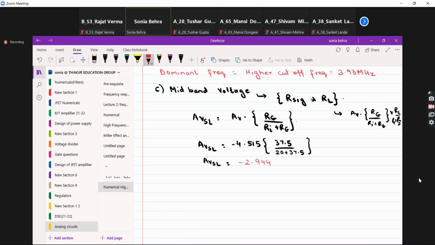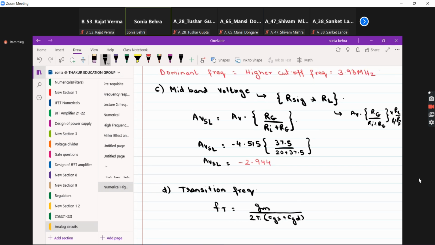One more thing I am adding, although it is not in the question: transition frequency. For FET, transition frequency is given as GM upon 2 pi CGS. Everything is given to you.